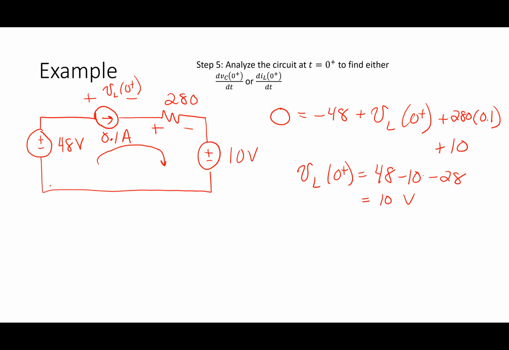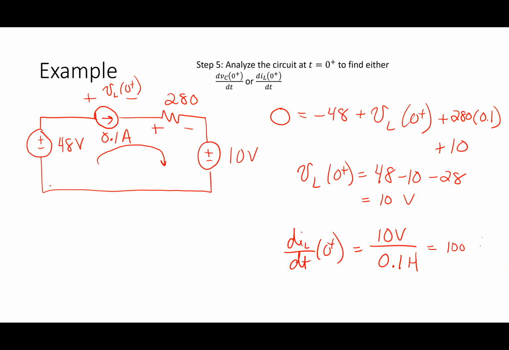Okay. So that tells me then that dIL/dt of 0 plus would be equal to 10 volts divided by 0.1 henries, right? That's my L value. So that works out to be, I don't care about the units on this, but 10 divided by 0.1 is 100, right?